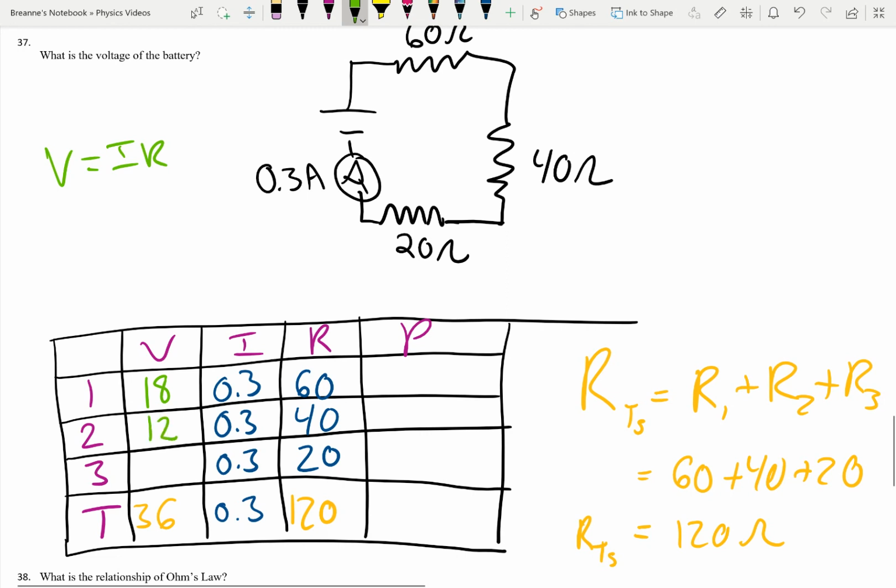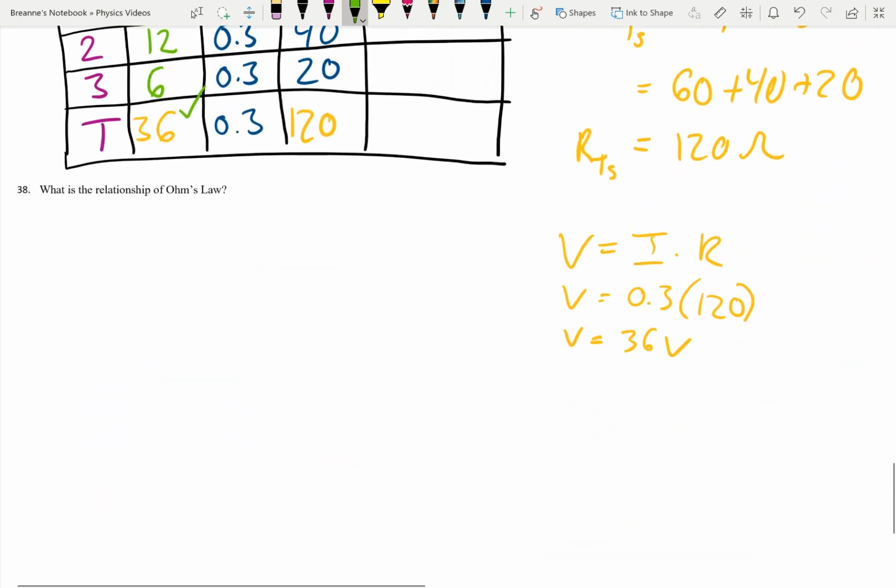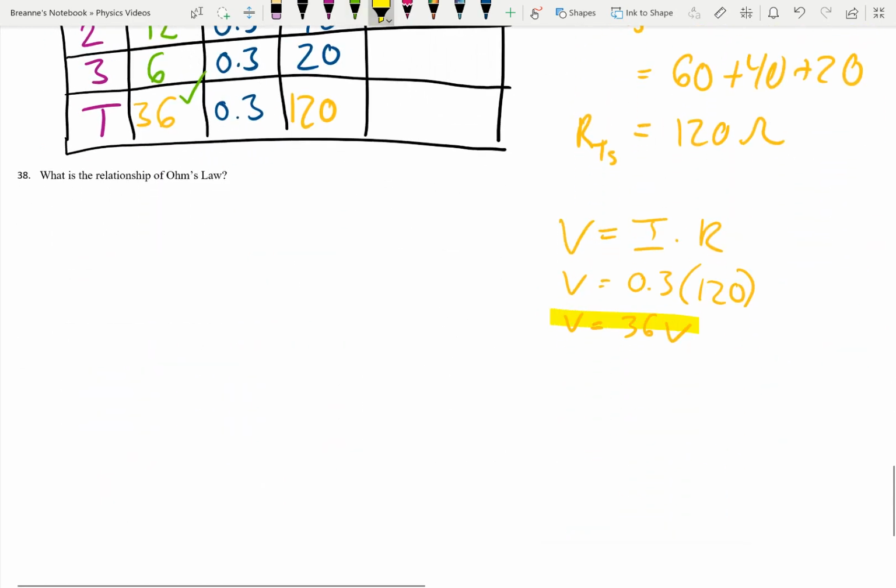And 0.3 times 20 to get 6. And then you're just going to add up each one to make sure you get 36. And we do. Woohoo! So our answer is 36.